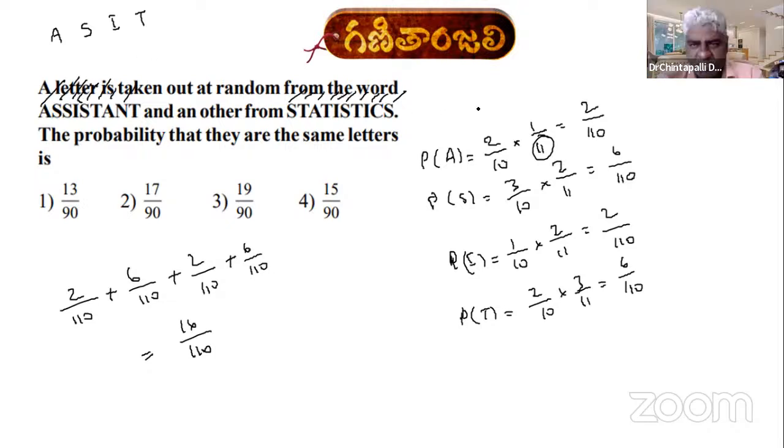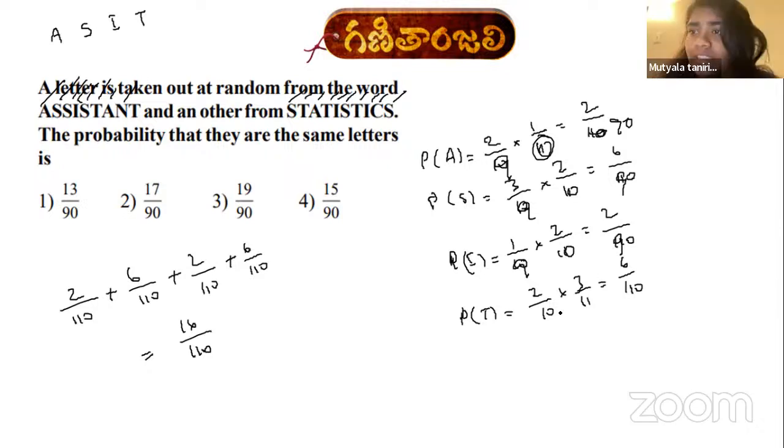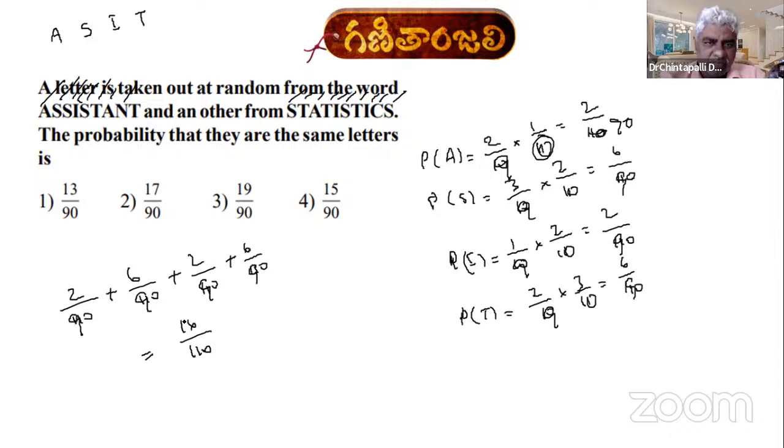It is only 9 in the first word. The first is 9, the second is 10. So 9 times 10 is 90. So 2 by 90, 6 by 90, 2 by 90, 6 by 90. 16 over 90.